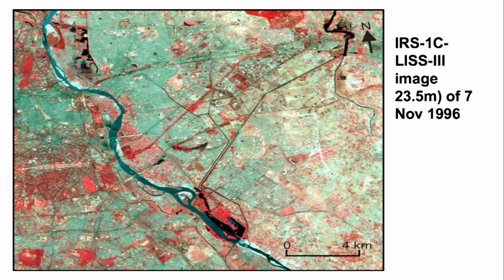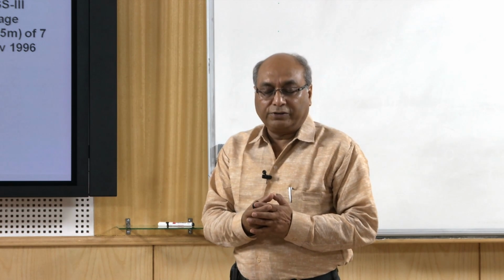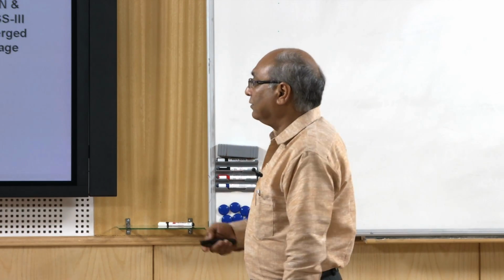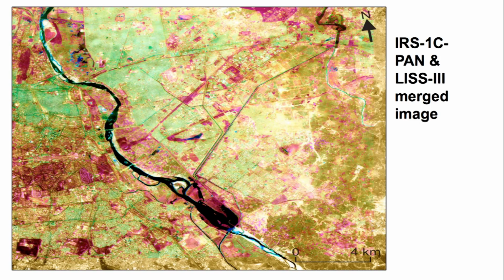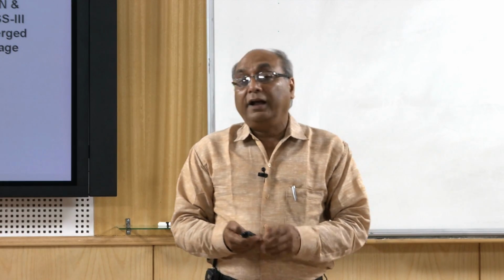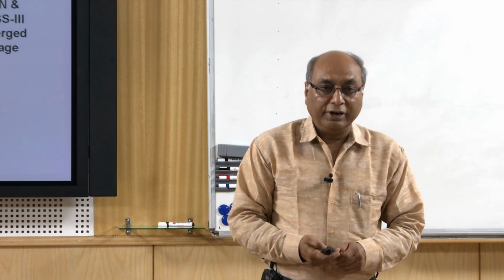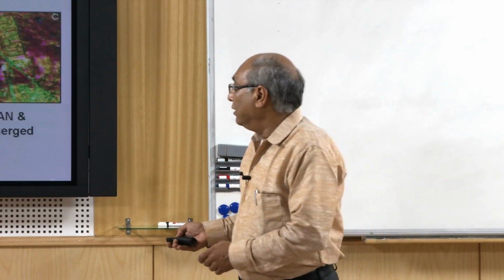Through merging techniques you can exploit the best out of these two input images and create a new product, and like this it has been created. Now you have a high resolution, and at the same time colored, image. Likewise you can generate a lot of merged data which later can be used for different kinds of analysis and modeling purposes as well.